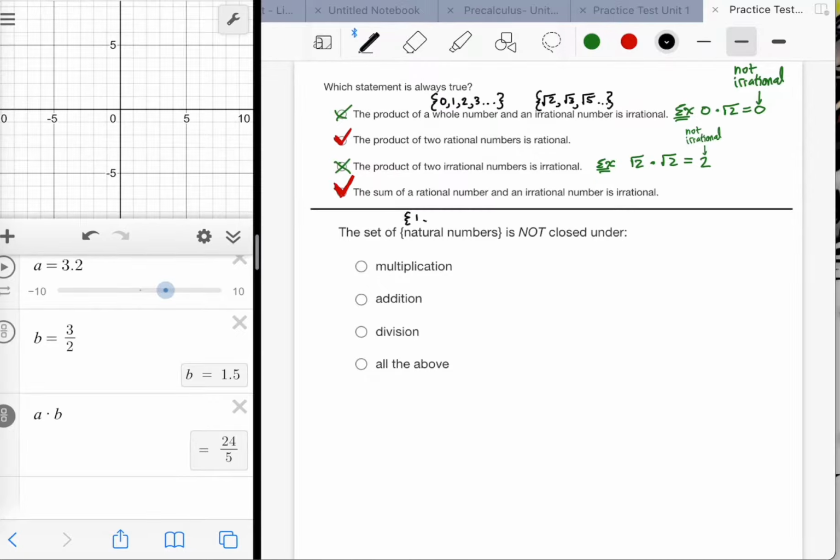The set of natural numbers, 1, 2, 3, 4, and so on, excluding fractions, decimals, and so on. If I multiply any two numbers or add any two numbers, we'll get values that are natural numbers. The one instance where it won't be closed is if I divide. So for example, 2 divided by 5 is 2/5. That's not a natural number.